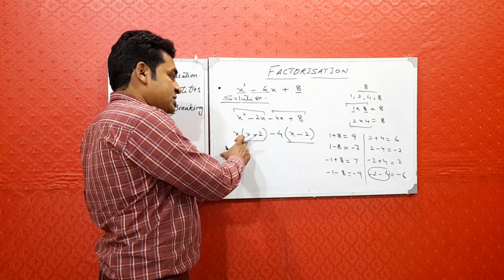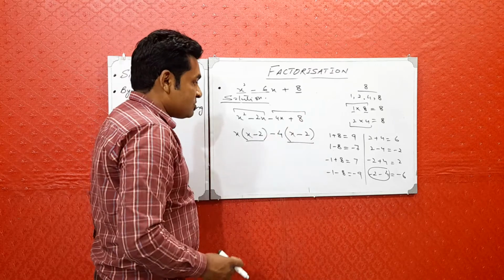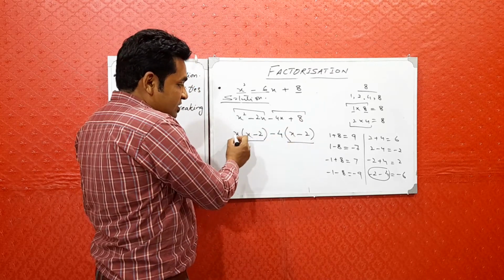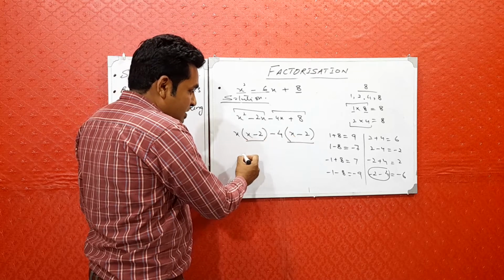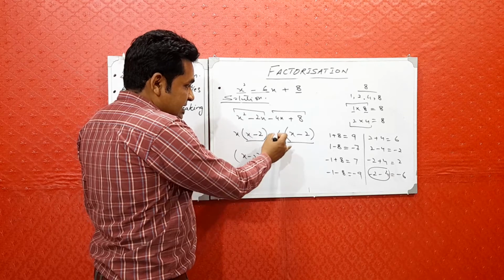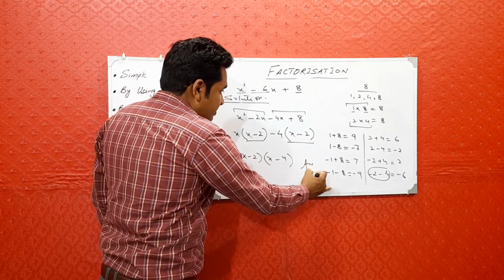If the first one is x minus 2, the other should also be x minus 2. This is the most important thing. So exactly the signs are the same. Now we can take x minus 2 common. From here we are left with x, and there we are left with 4. So this is the factorization of this expression.